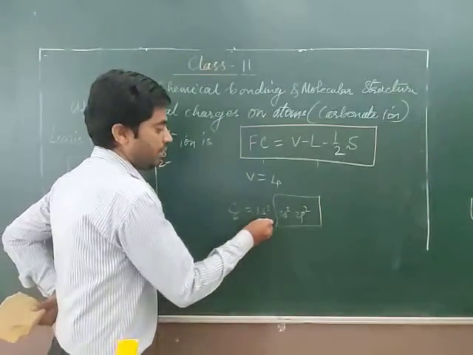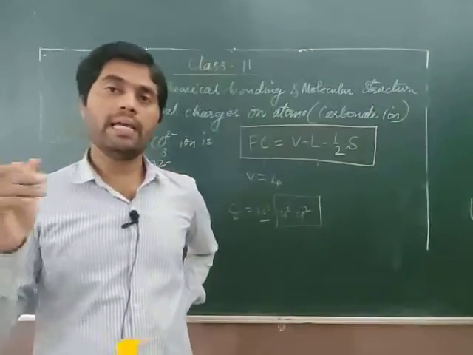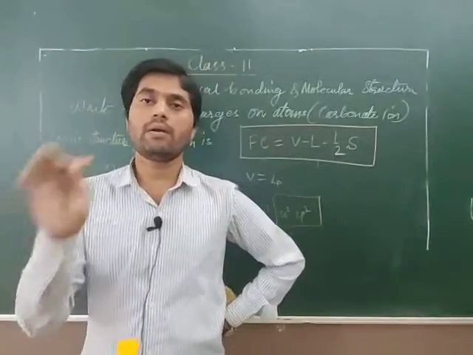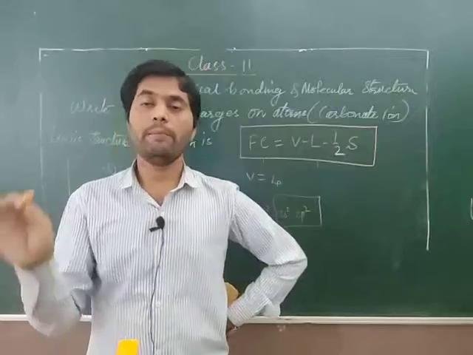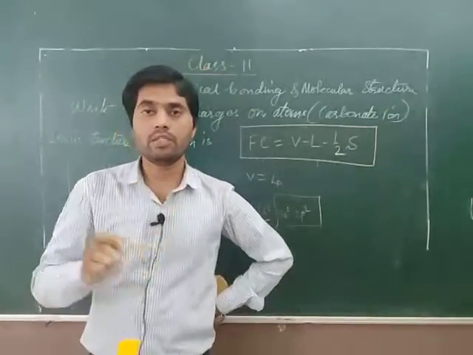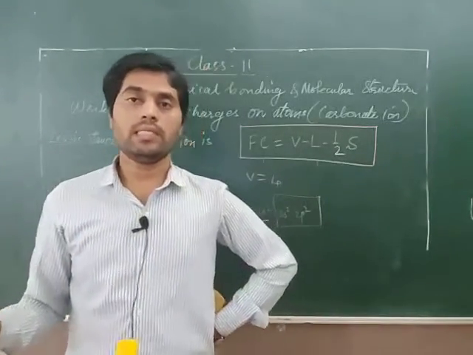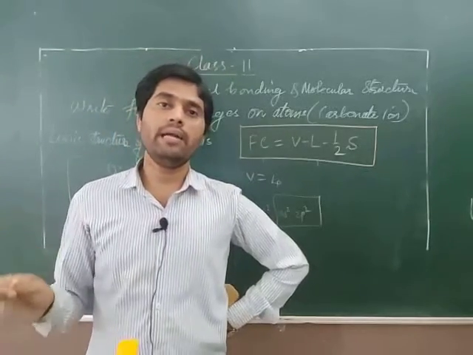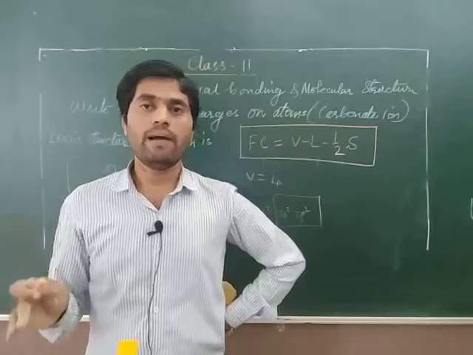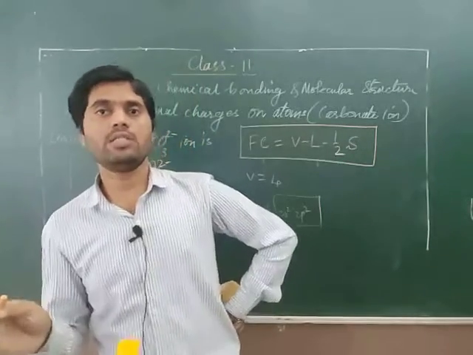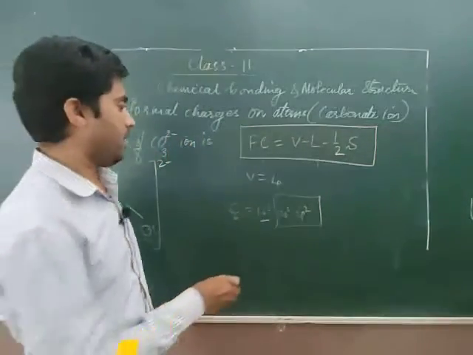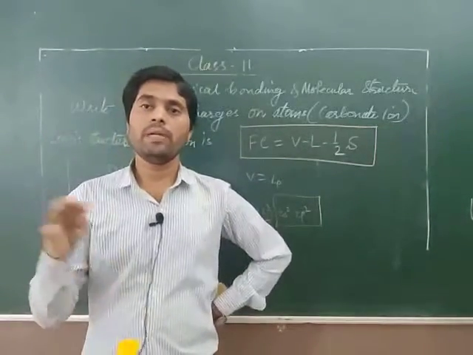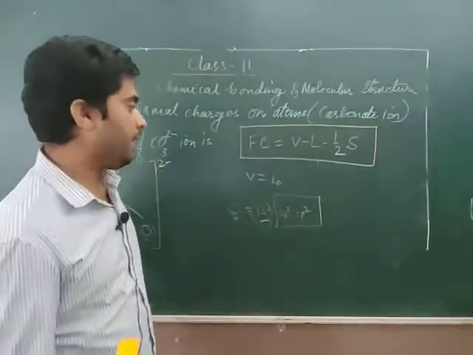The 1s electrons are of no use, because this is the first orbit from the nucleus, and because of the very strong nuclear attraction and high effective nuclear charge, this electron pair is not permitted to participate in any process.